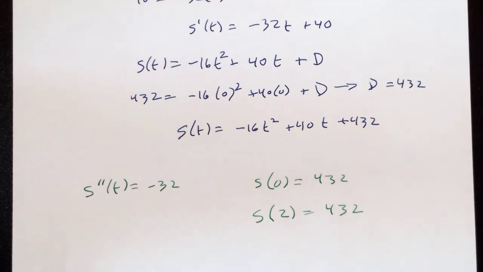I've just changed the ground rules. This is not an initial value problem anymore. Because those are different t values, this is now called something different. This is called a boundary value problem, and these are called boundary conditions.